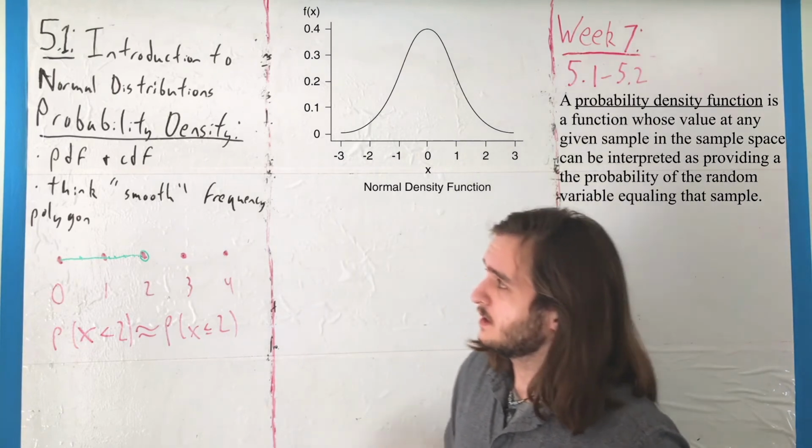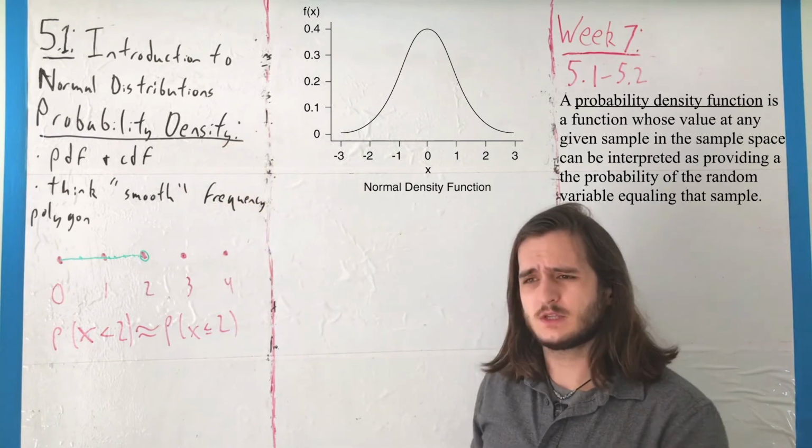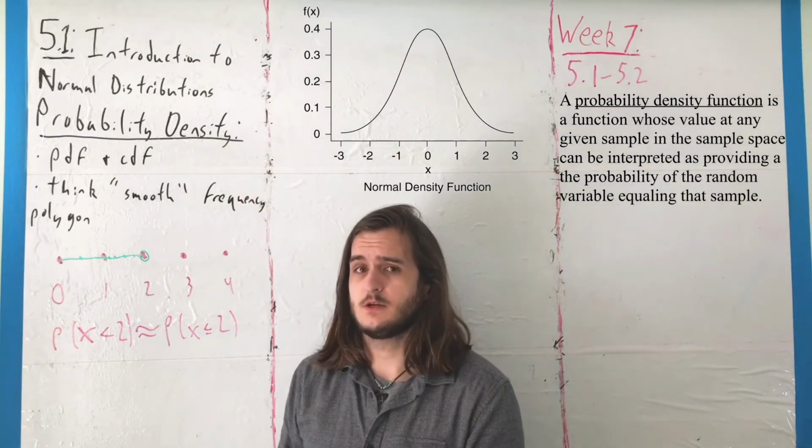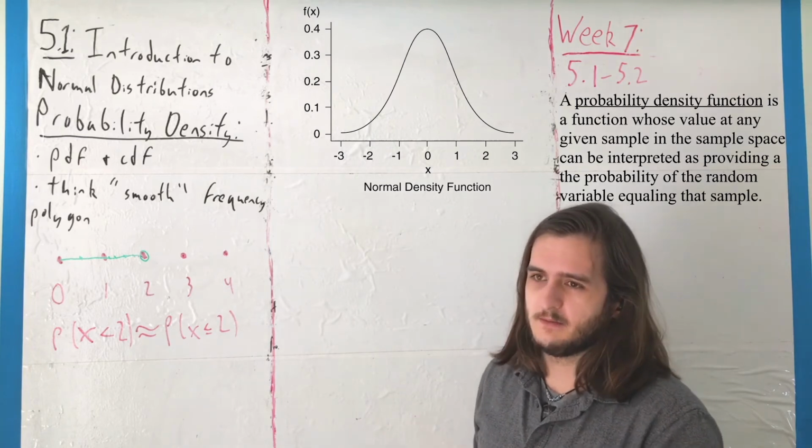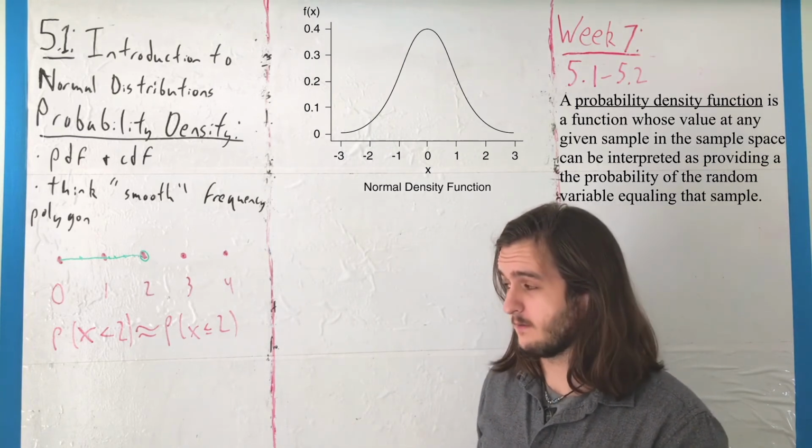So generally, we do all of our work here with the CDFs, and we'll see what that looks like more when we get into some examples, but just understand that the PDF is nice, we just don't use it very much for this. It's not really what we're looking for.